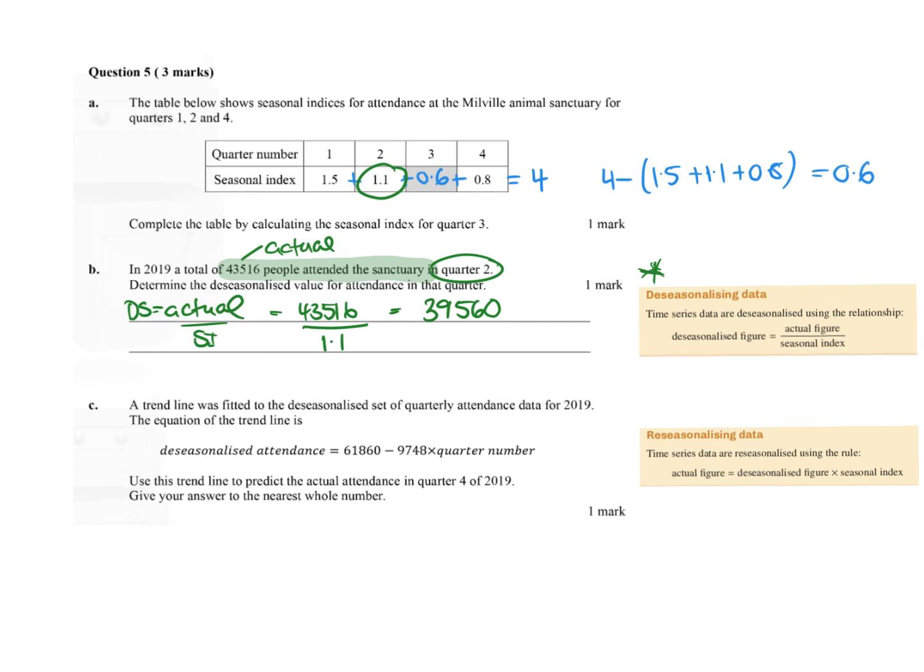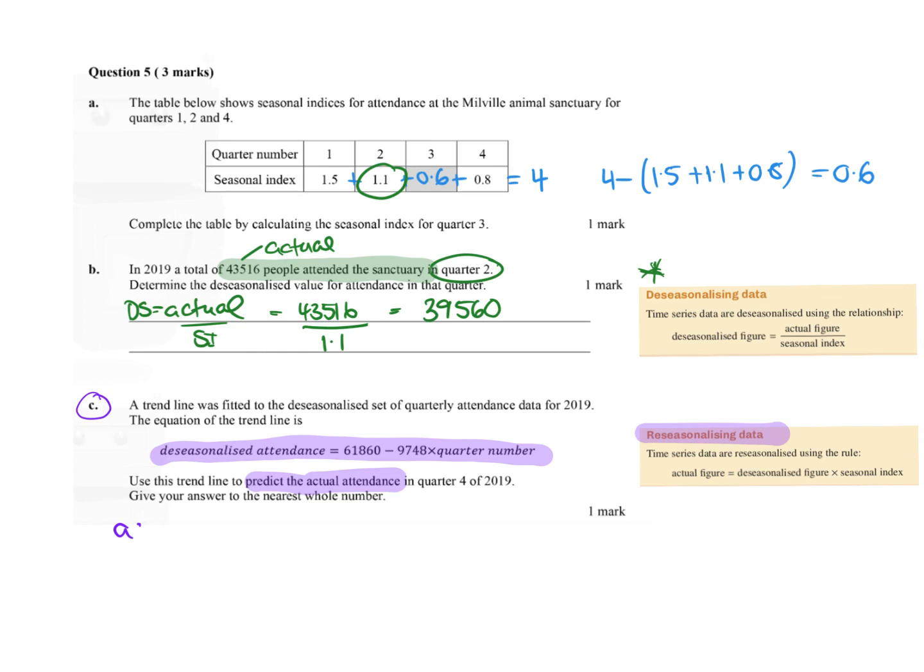So in part C, the trend line was fitted to the deseasonalized value. I told you they write it as deseasonalized in front of it. Use this trend line to predict an actual. When we want an actual, that means we're reseasonalizing the data.